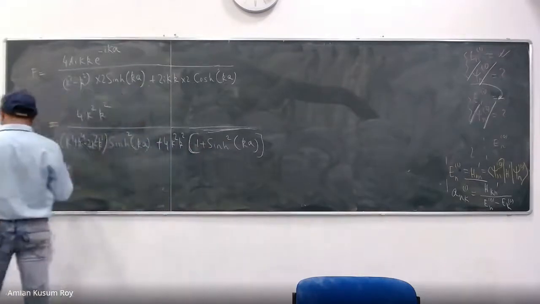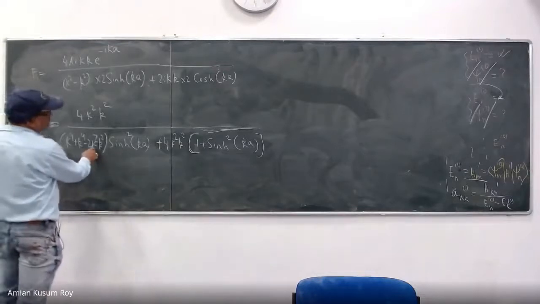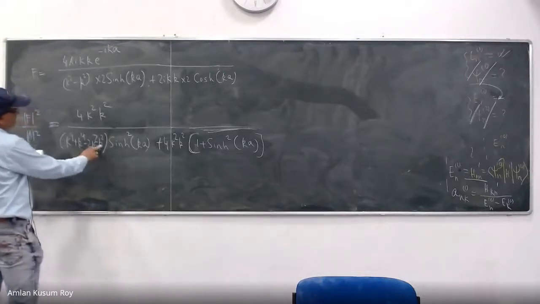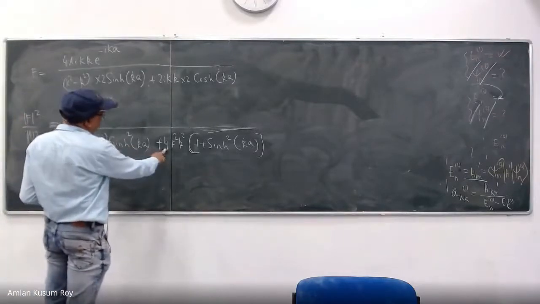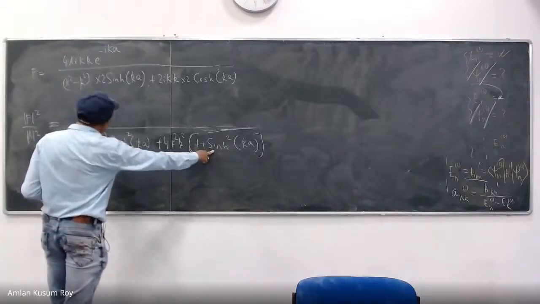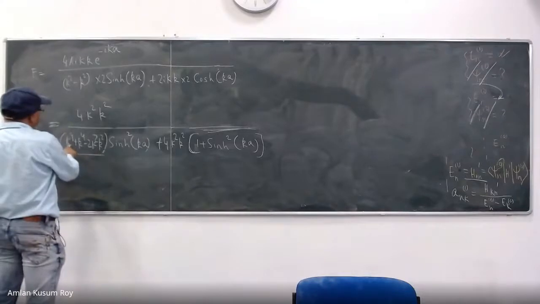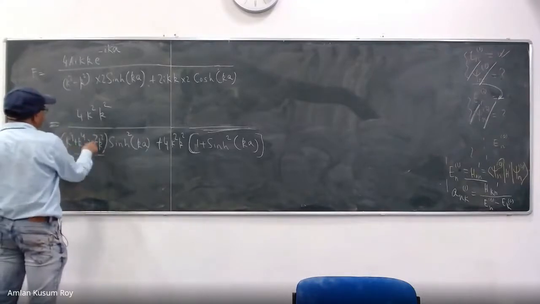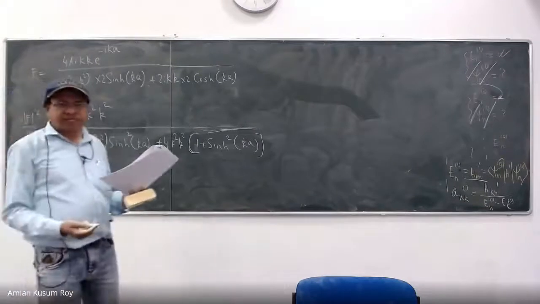So you see that minus 2 k square kappa square sine hyperbolic square kappa a plus 4 k square kappa square sine hyperbolic square will come, right? So that means this, which was remaining as minus k square minus kappa square, actually becomes k square plus kappa square.